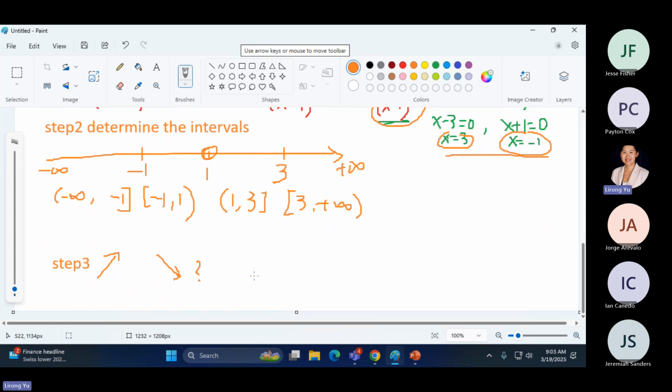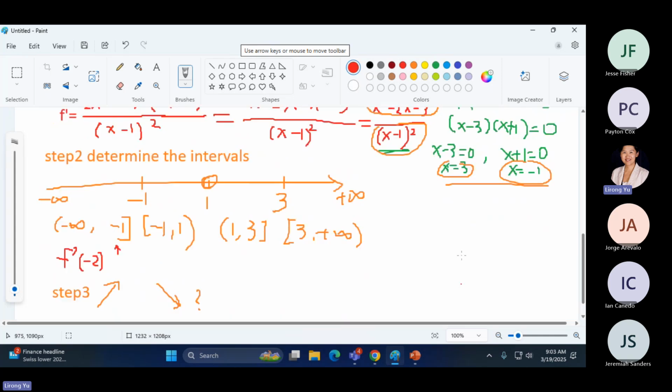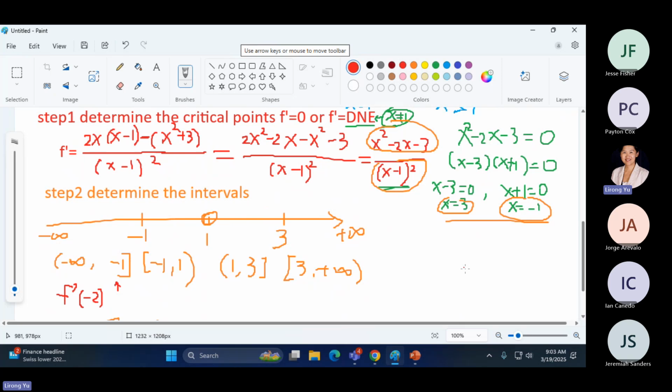Okay, so let's look at the first interval. You want to take a number in that interval to tell whether it's increasing or decreasing. It looks very similar to what we've done before. So let me calculate the derivative value at -2, the next number after -1. That's why I normally pick a number that won't be too big, because if it's too big, my calculation will be hard.